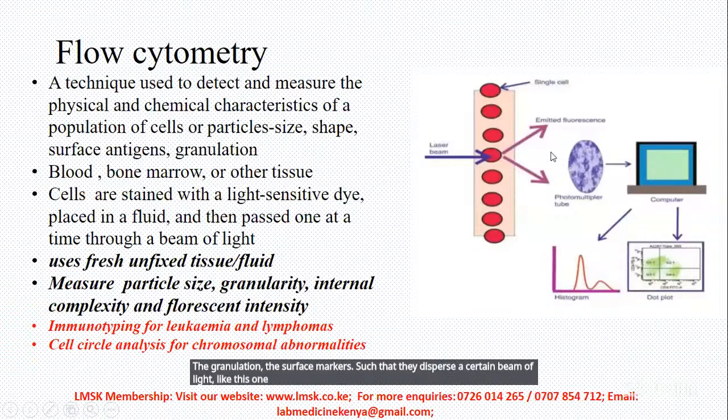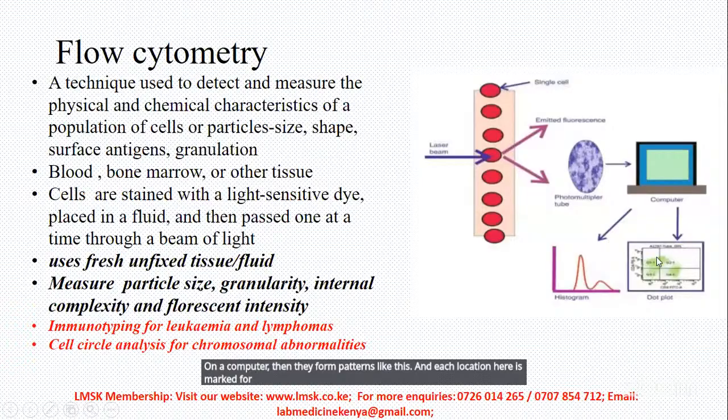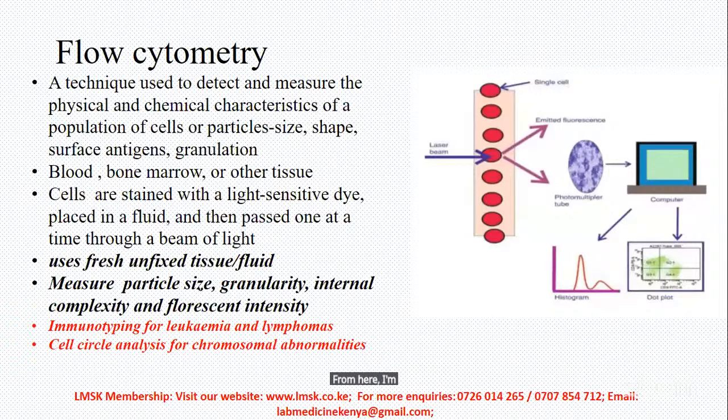They emit something that is measurable on a computer, then they form patterns like this. And each location here is marked for some marker or some type of cells. From here, I'm hoping you are going to learn about it.